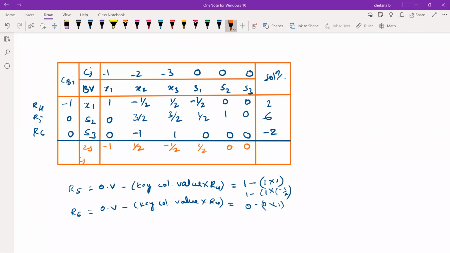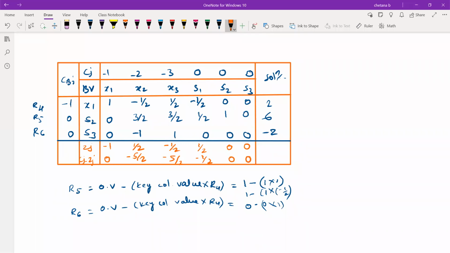Then you have Cj minus Zj: 1 minus 1, minus of minus 1, 0, minus 2 minus 1 by 2, 5 by 2, minus 5 by 2. Then you have minus 5 by 2, minus 1 by 2, 0 and 0.